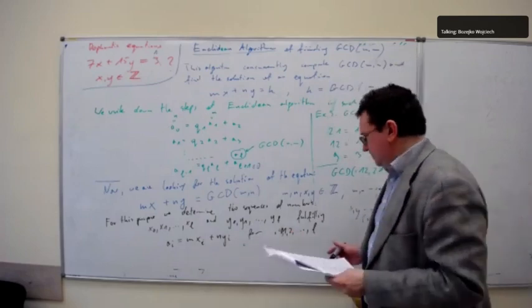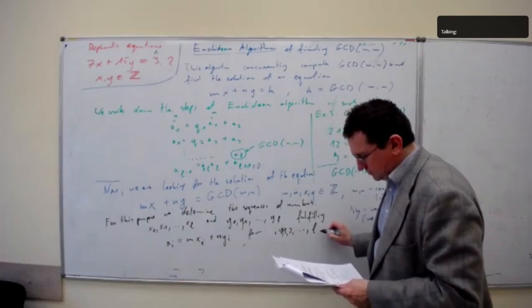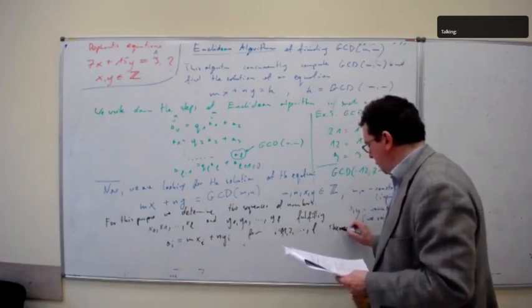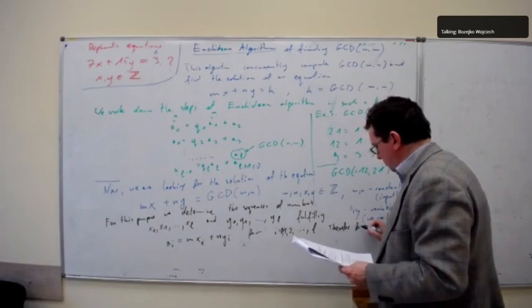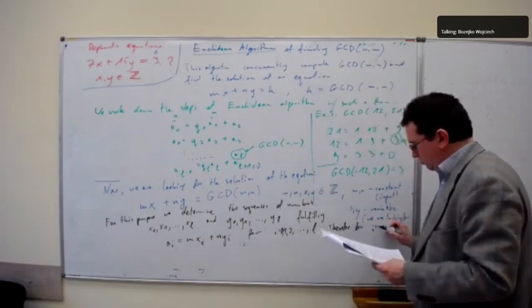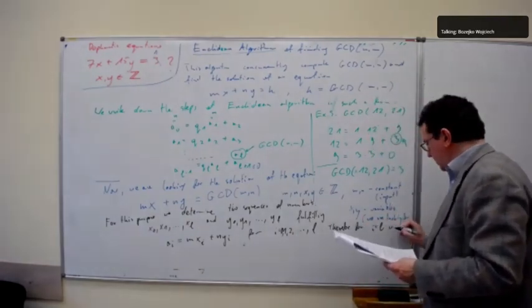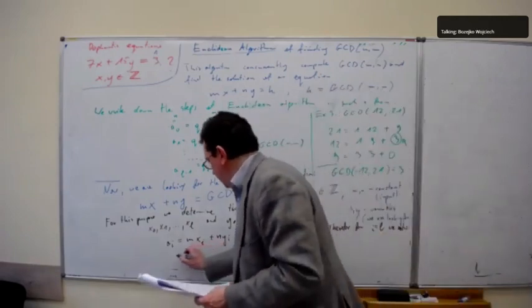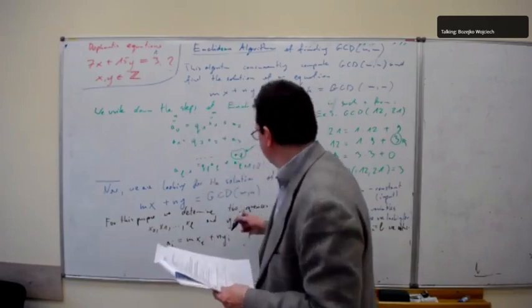Therefore, for the last one, for i equals l, we obtain al. This will be the last one.